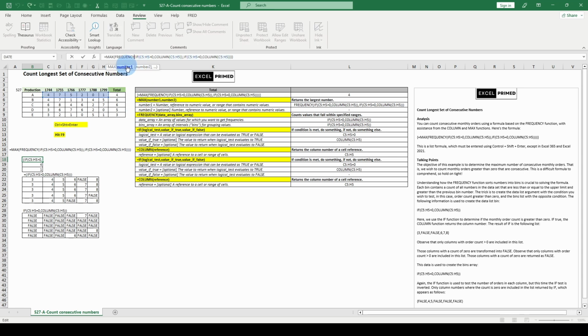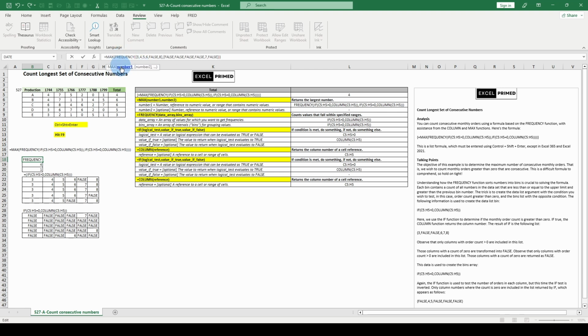Keep in mind, we have this data array, F9, and then we have this bins array, F9, and false, false, false, false, 7, false. What happens there? This is going to go over into max. Got this? And then frequency.